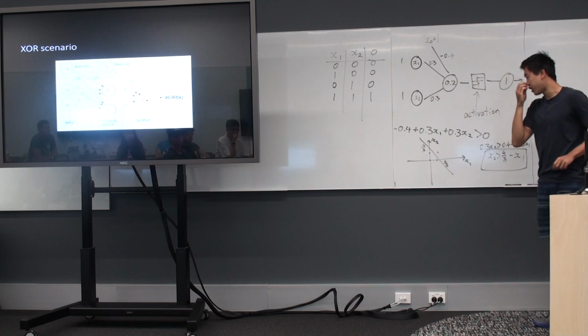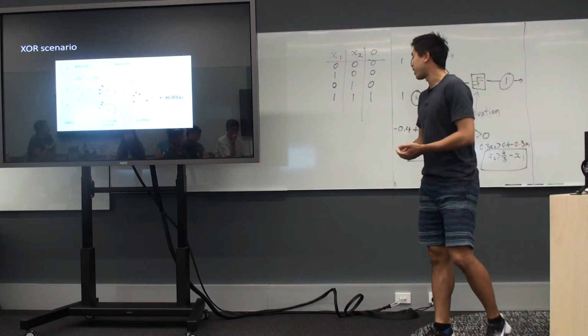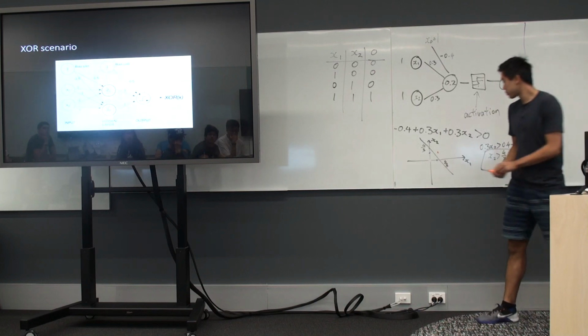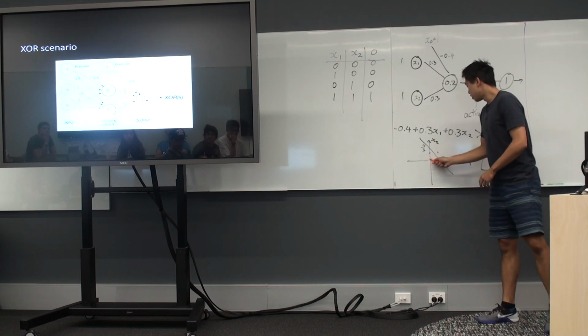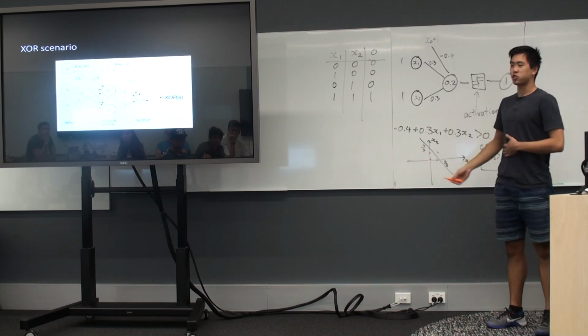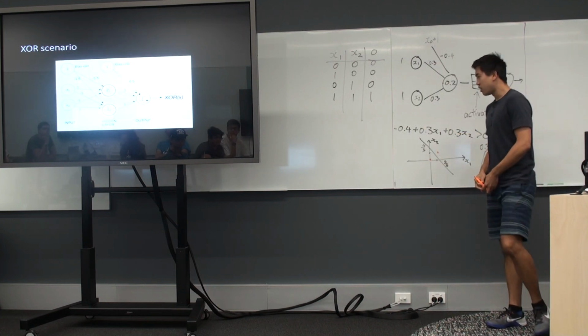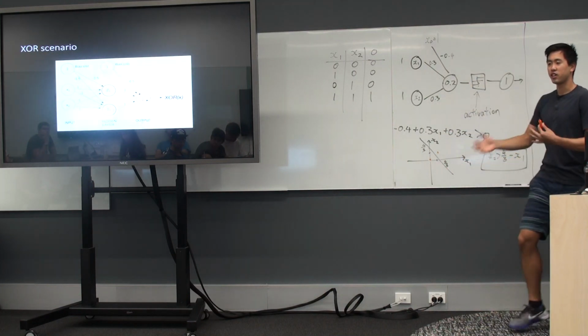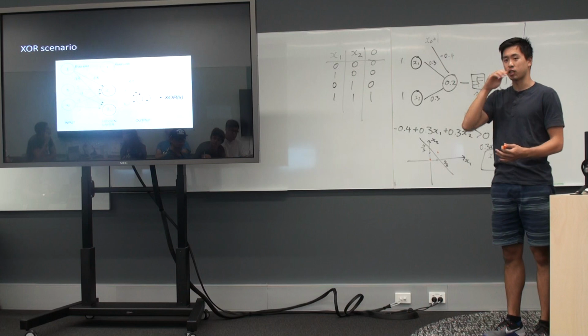But before I do that, let's talk about this scenario where I had the orange point. This is called the XOR case. So there's OR and XOR, which stands for exclusive OR. And we can't use one perceptron to classify that because it's not linearly separable.